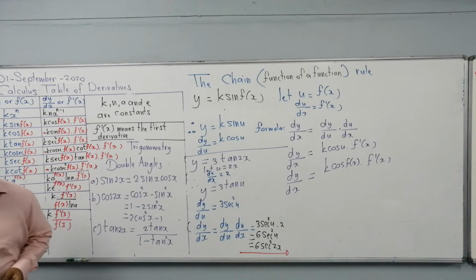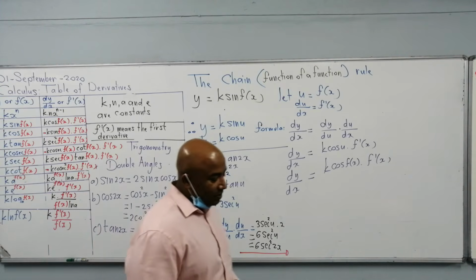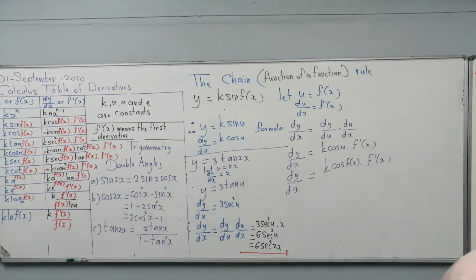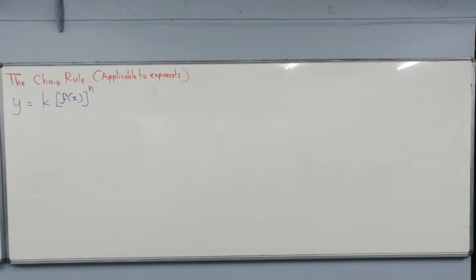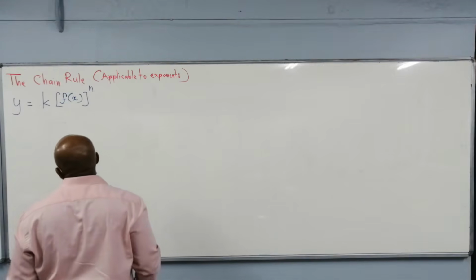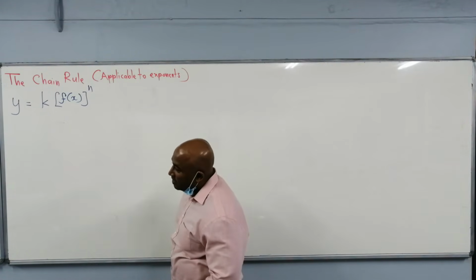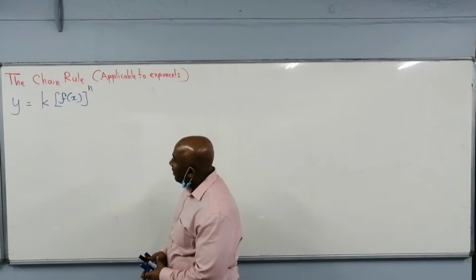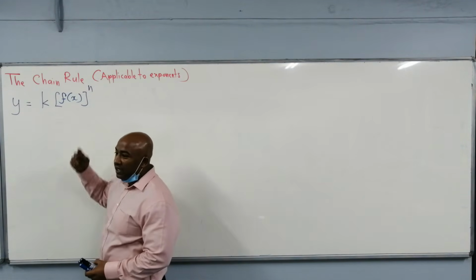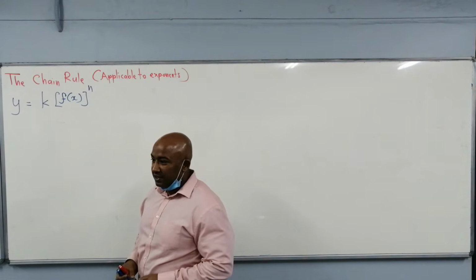Alright, so now let's deal with exponents. Alright, so now what happens when we have exponents? We haven't dealt with that. When you have your function of x, this can be anything from your table of derivatives.